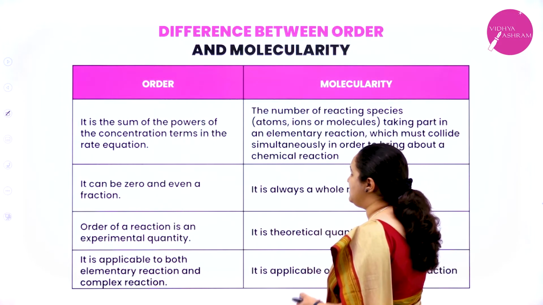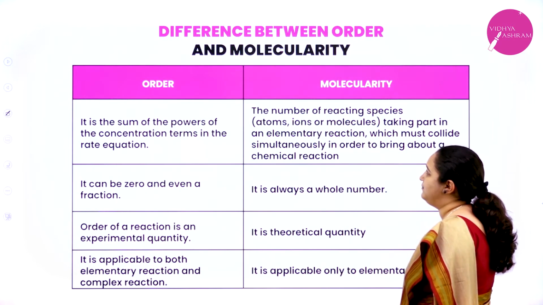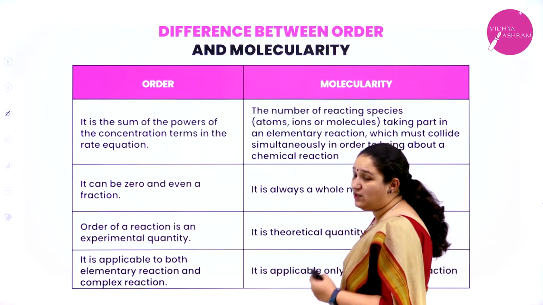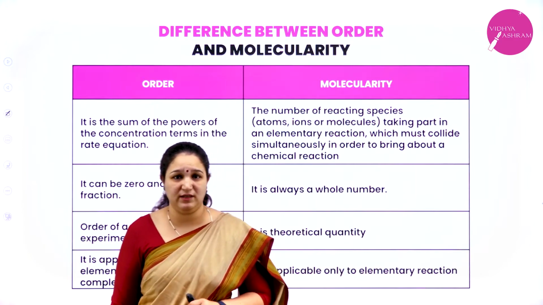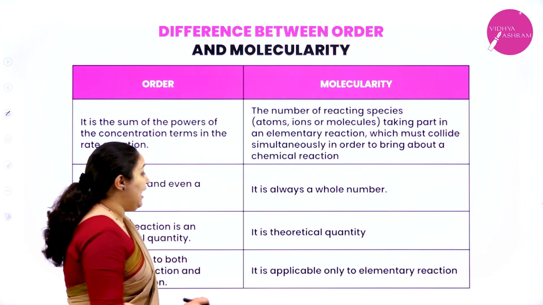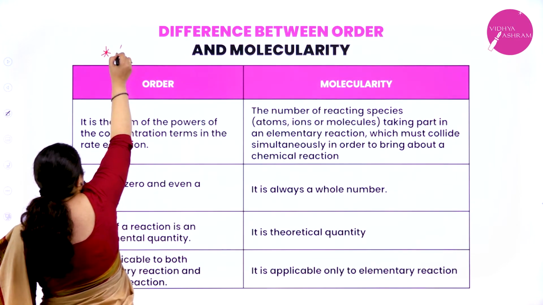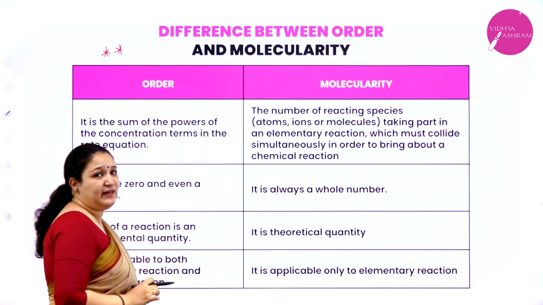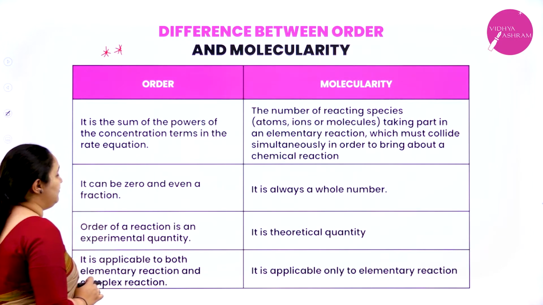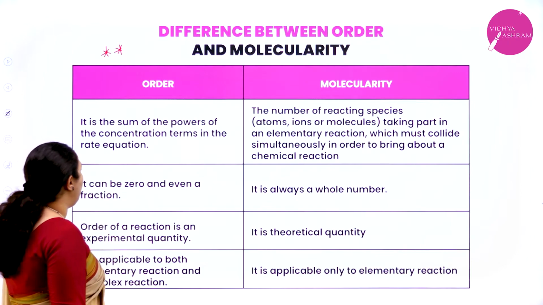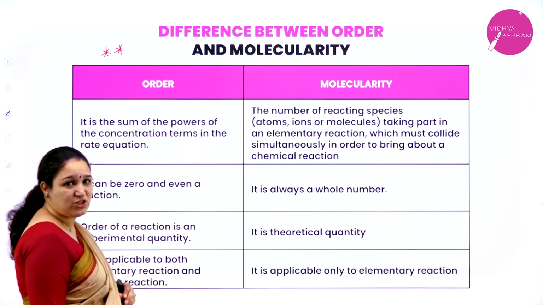Okay. Next is the difference between order and molecularity. So we learned what is the order of the reaction and we also learned what is molecularity, isn't it? So we'll learn the difference, and from an exam point of view, this is a really very important question which has been repeatedly asked. Okay. So the first difference is, order is the sum of powers of the concentration terms in the rate equation or rate expression, isn't it?